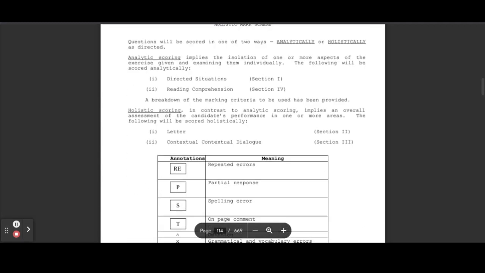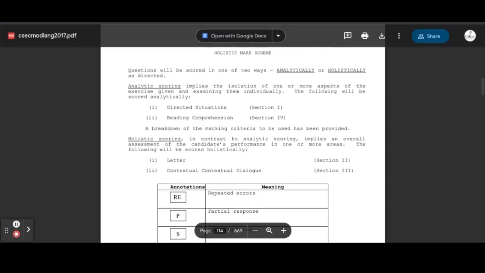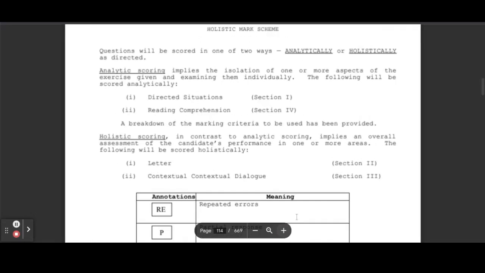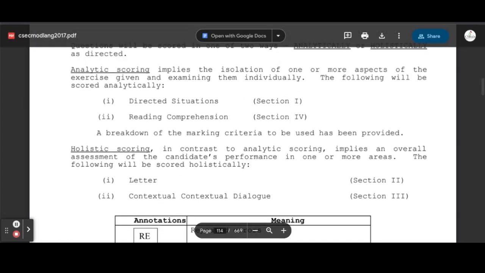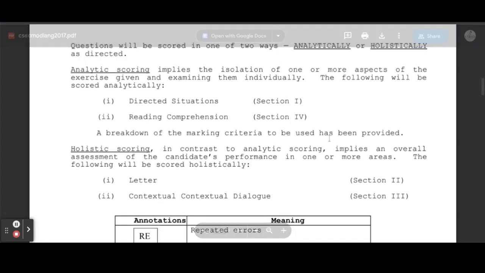Now, the very first thing we're going to look at is an explanation of how the marking works in paper two. We're not going to go into it in detail. There are different styles of marking: analytical and holistic.